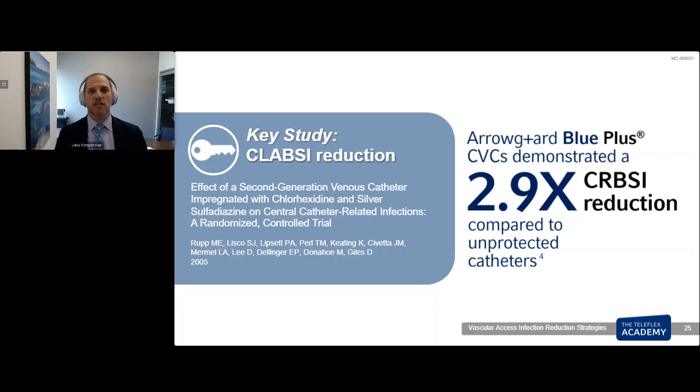The colonization is what is incredibly impressive. Microbial colonization was incredibly decreased for all insertion sites, internal jugular, subclavian, and femoral, using a control catheter versus the Arrowg+ard Blue Plus.